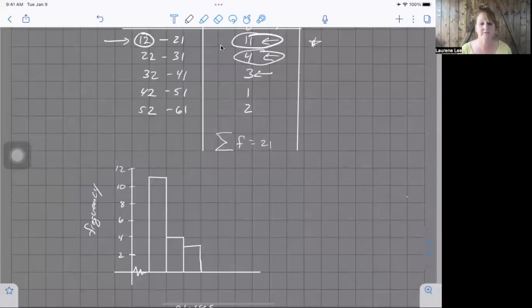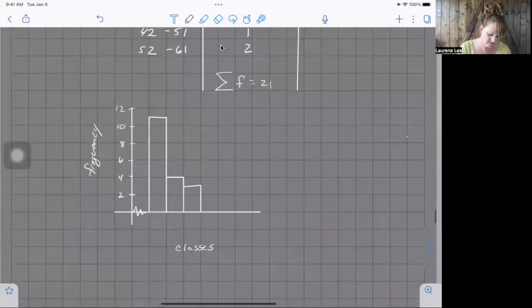And if you have a frequency that's 0, you just leave that bar blank. You skip a space, so you'll have an empty segment in there. The next one is 1. And then the next one is 2. So make sure you've got 5 bars, 5 classes.